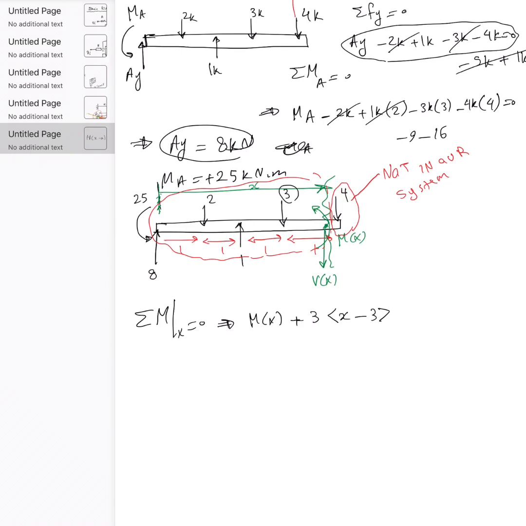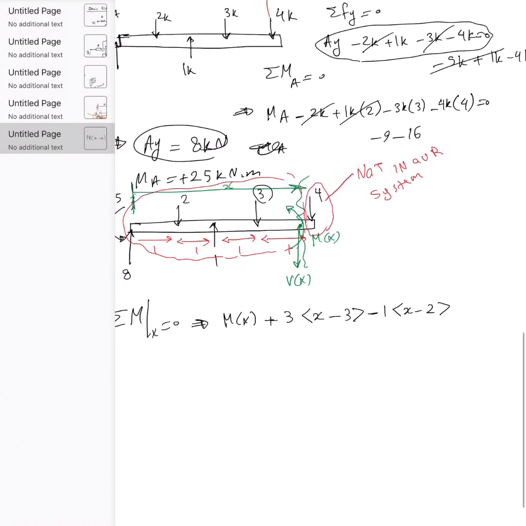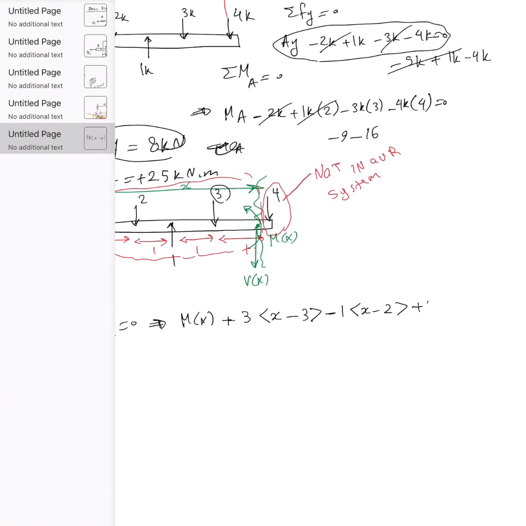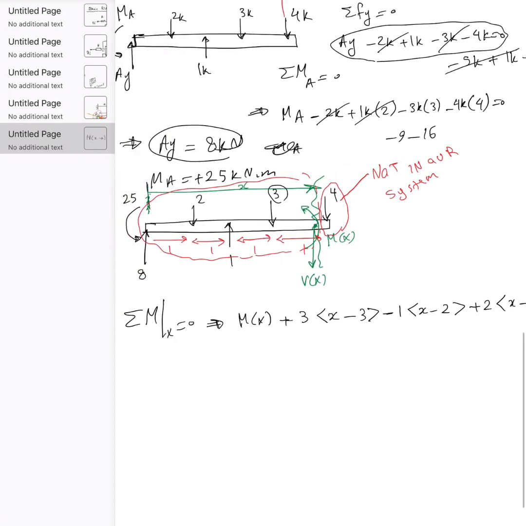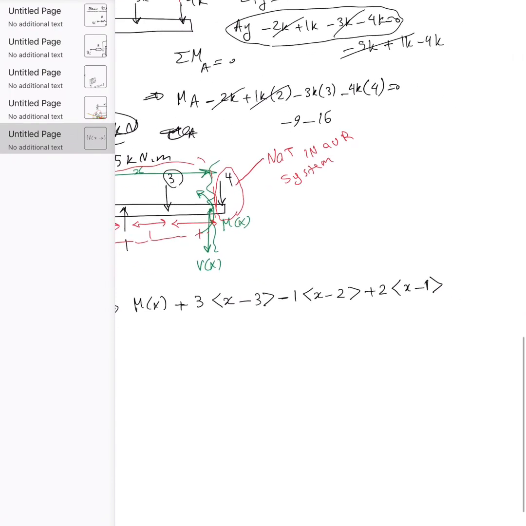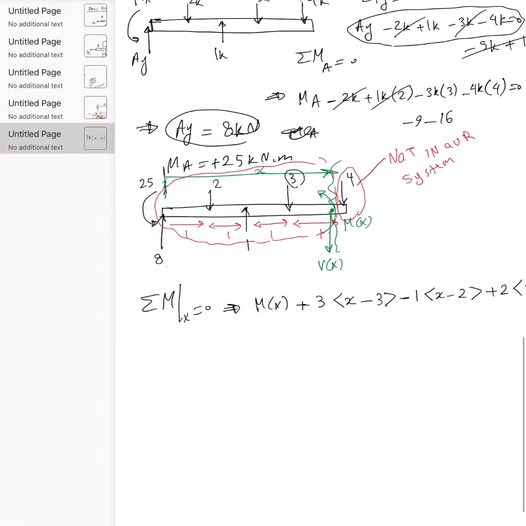Then you go to the next one. The next one is negative 1 times Heaviside, X minus 2, and the next one, put it here, is 2 plus 2 times Heaviside, X minus 1, and then the next one is negative the wall reaction 8 times X right here.